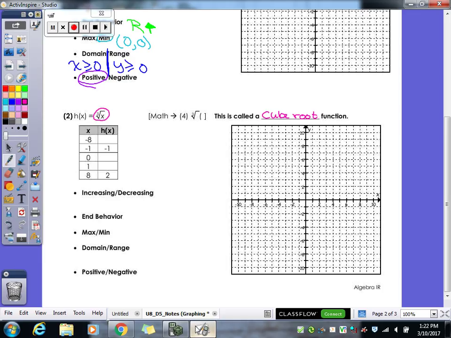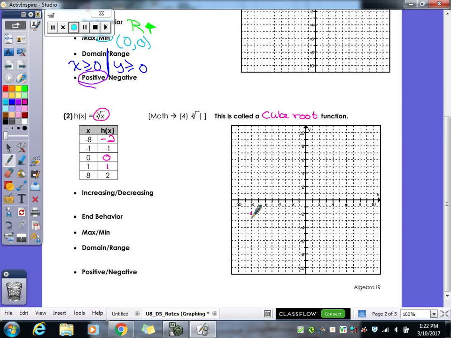So let's have you move around your table and fill in our chart here. Negative 8 for our x. What do we get? Negative 2. At 0, 1, and I got the other ones filled in. So go ahead, plot your points.